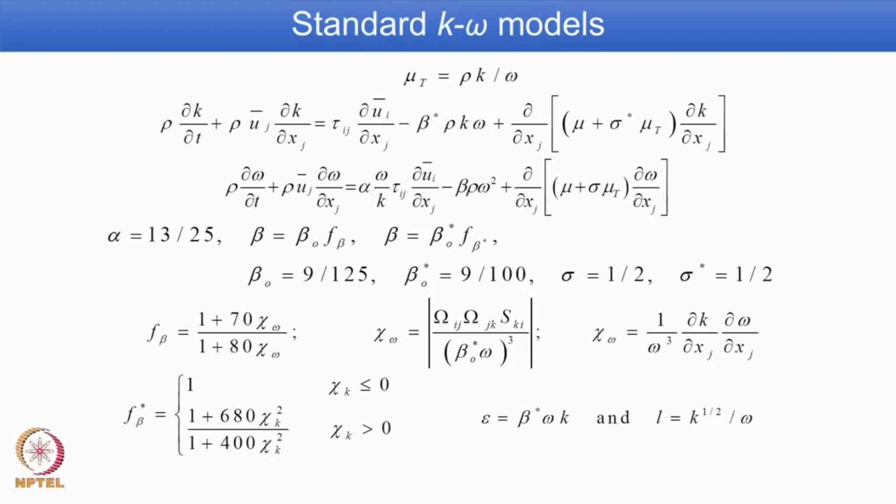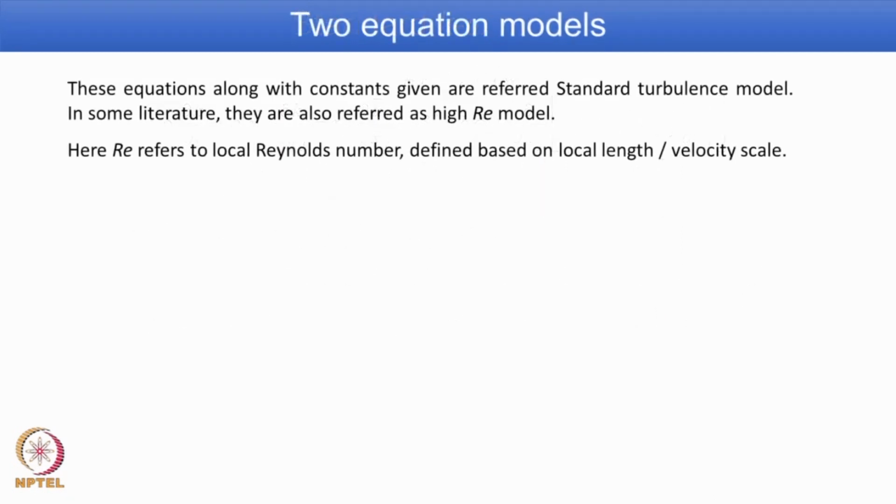In many commercial software, this is the equation that is solved when you choose the K omega model option. Now, these are constants and these are functions which are again tested and derived for standard benchmark flows. To conclude, these equations along with the constants given are referred to as a standard turbulence model.